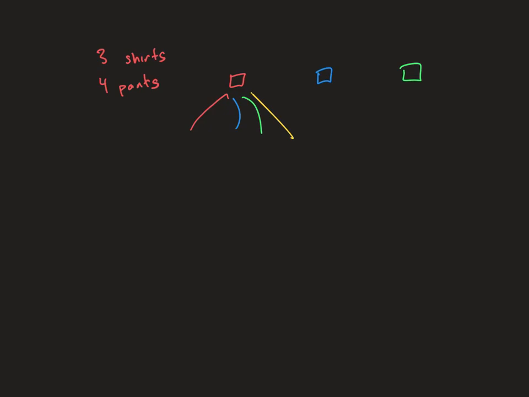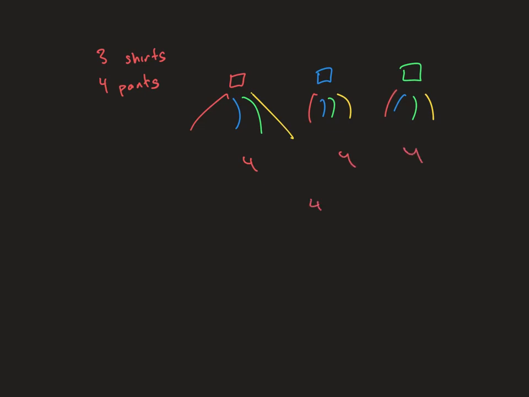Those are our 4 pants. Now, if you look at the same thing for the blue shirt, again it's 4. So we'd have 4 different options. If you continue this, the total number of outfits would be 4 plus 4 plus 4, because we have 4 here, 4 here, and 4 there.